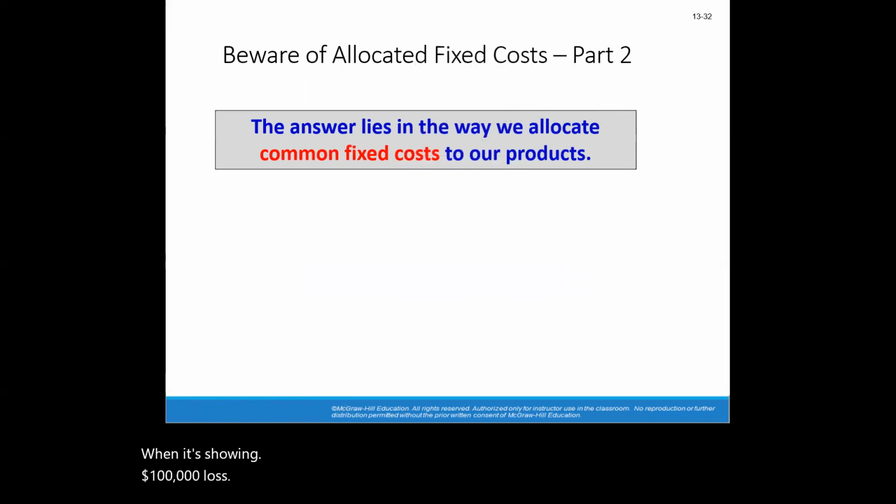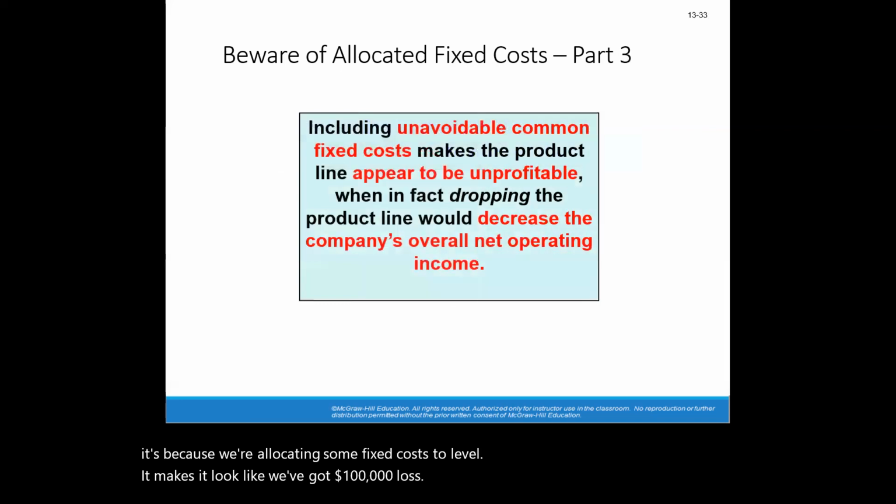It's because we're allocating some fixed costs to Lovell that it looks like we've got a $100,000 loss. Including unavoidable common fixed costs makes the product line appear to be unprofitable, when in fact dropping the product line would decrease the company's overall net operating income. Make sense?